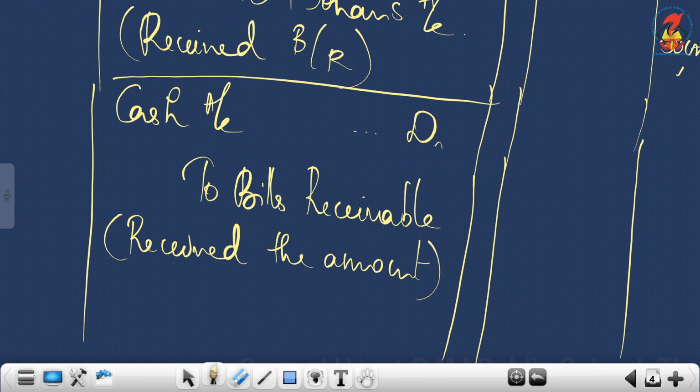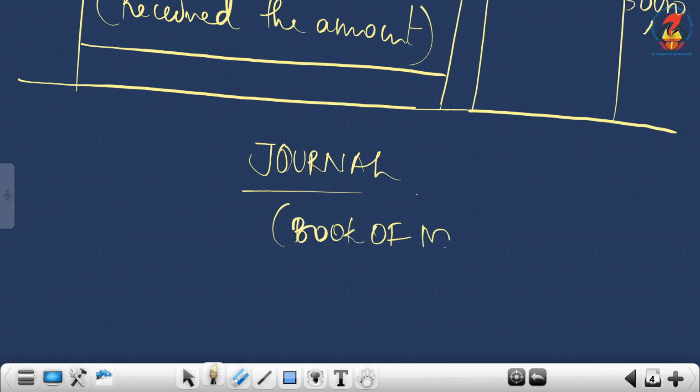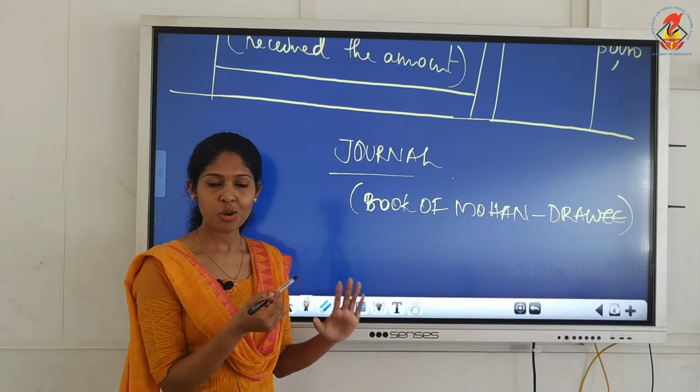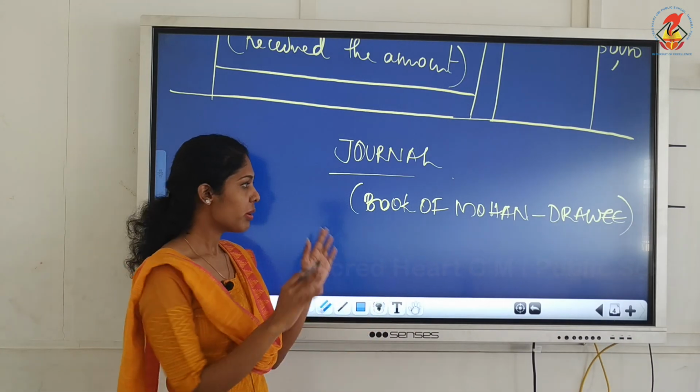Okay, cash account debtor to bills receivable, the amount is the same, 50,000. Then we are going to write the journal in the books of Mohan, that is drawee. See, it's not compulsory that you have to write in capital letters. Journal, normally you will be writing in capital letters. You can write this in running letters also, no problem, but the heading must be there.